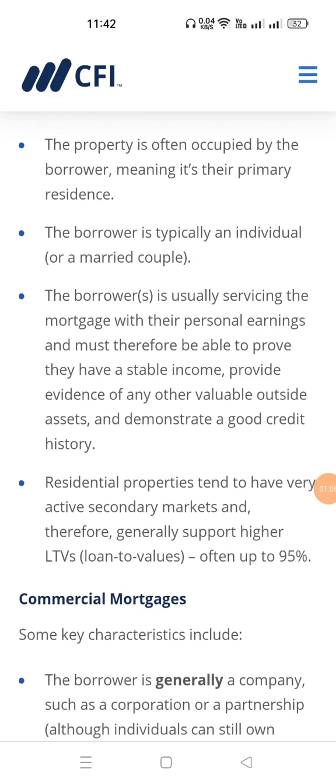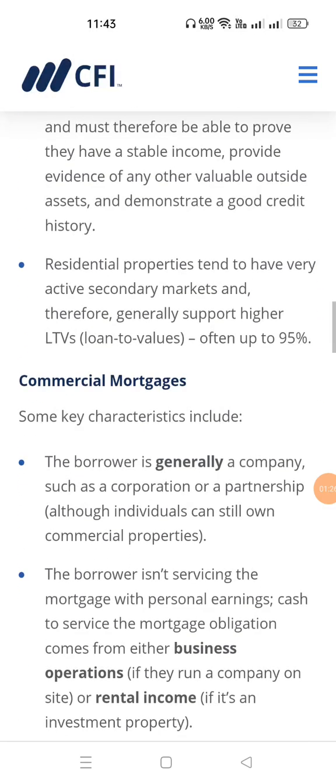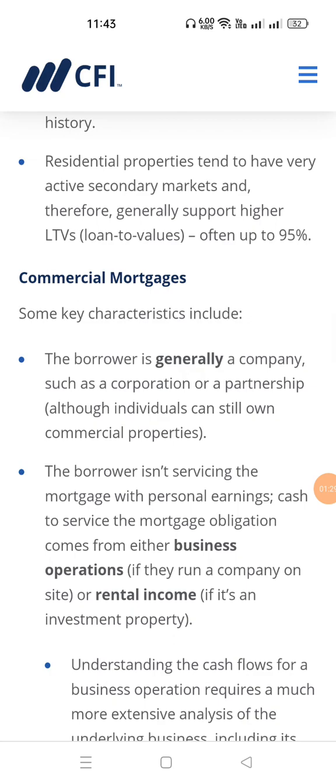The borrower is usually servicing the mortgage with their personal earnings and must therefore be able to prove they have a stable income, provide evidence of any other valuable outside assets, and demonstrate a good credit history. Residential properties tend to have very active secondary markets and therefore generally support higher LTVs, loan to values, often up to 95%.